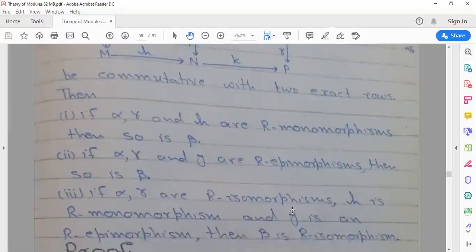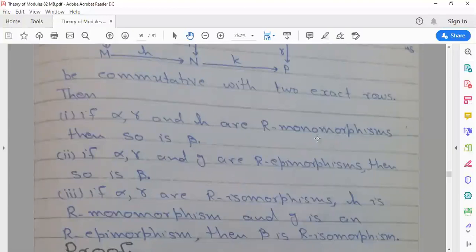Before starting, I have first revised the definitions: what is a homomorphism, what is one-one, and what is onto. A monomorphism is basically one-one and homomorphism. For a homomorphism, there are two conditions in module theory. First, f of m1 plus m2 is equal to f of m1 plus f of m2.